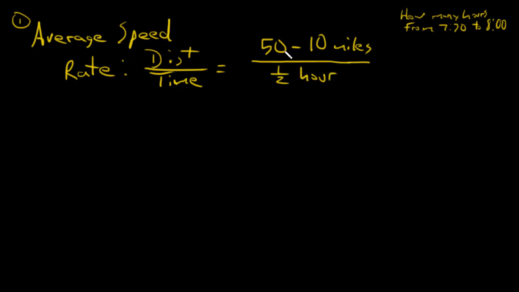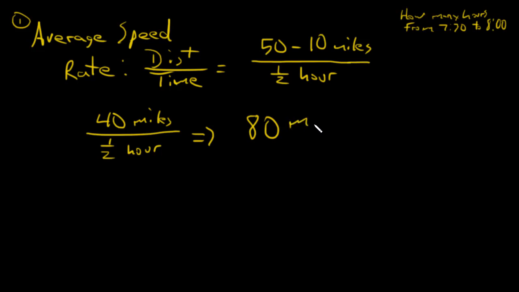So I've done going 40 miles in half an hour. Okay, so 40 miles over 1/2 hour. Well, that converts into 80 mph. That is the average speed.